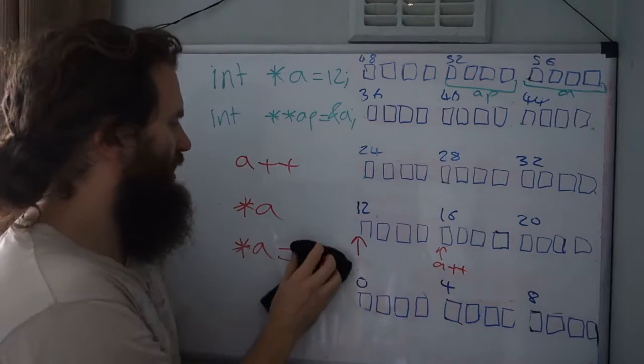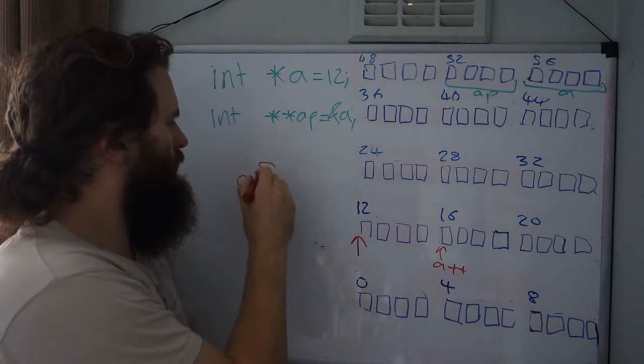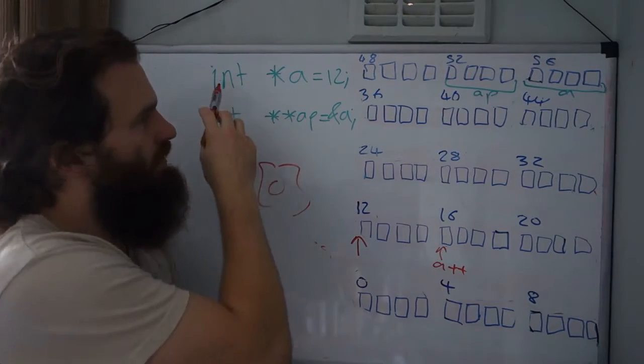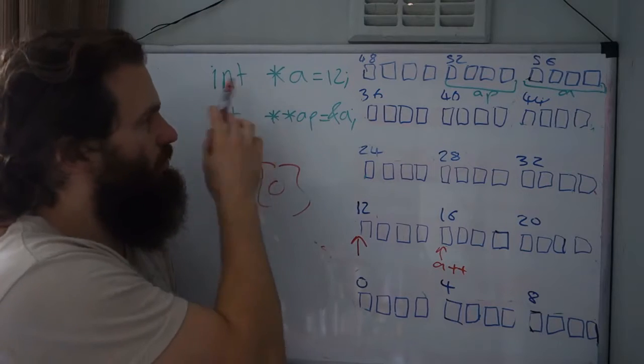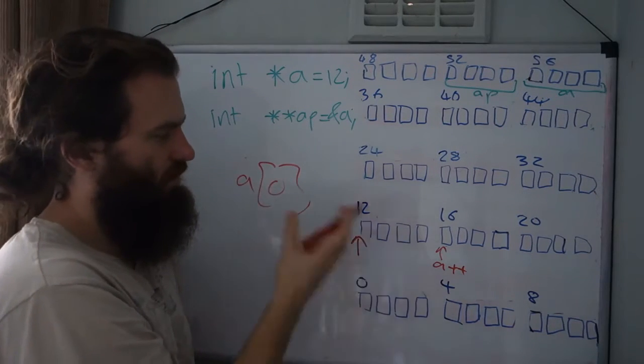When we use array indexing, we take the index, multiply that by the size of the type, the size of the pointer type, and then we dereference it and get the value.